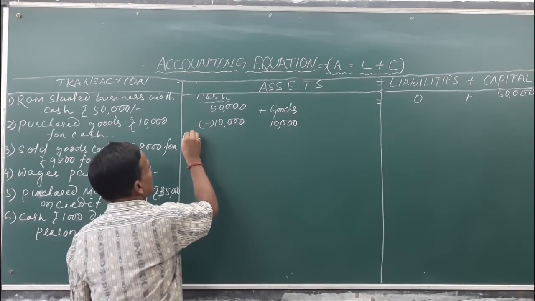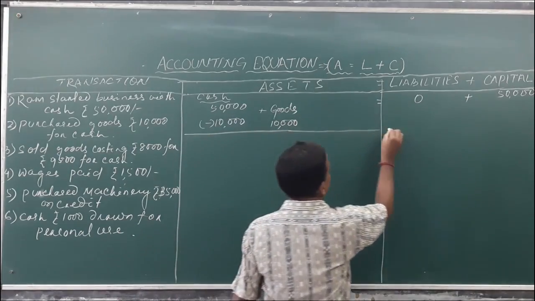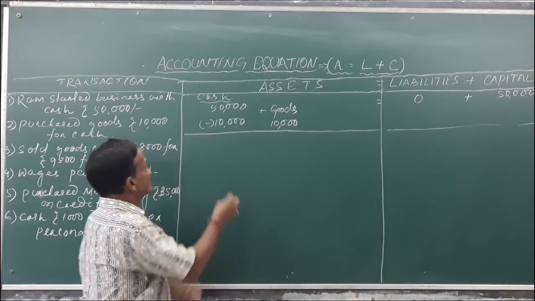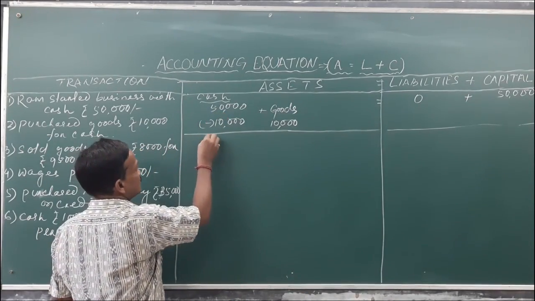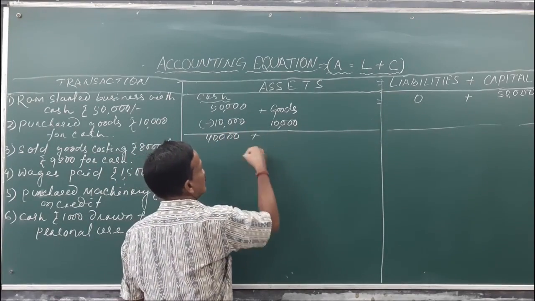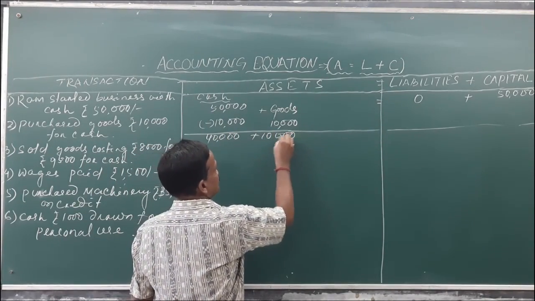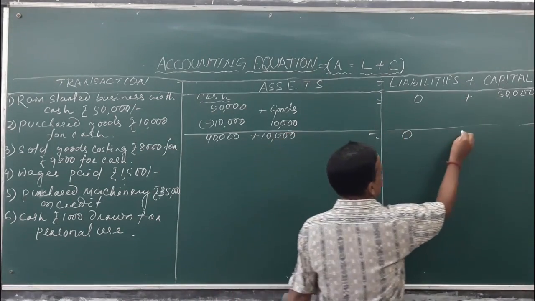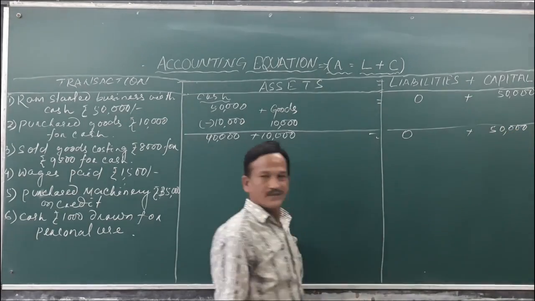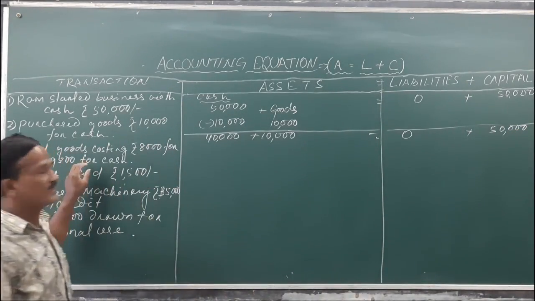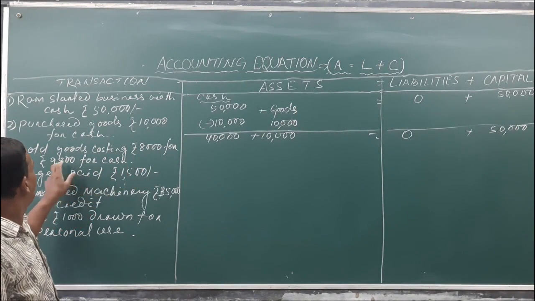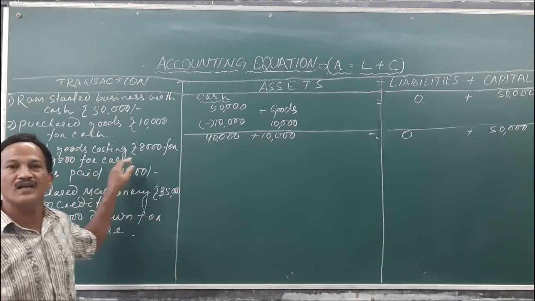After the second transaction the equation follows like this: 50,000 minus 10,000, 40,000 cash, goods 10,000, equals liabilities 0, capital 50,000.